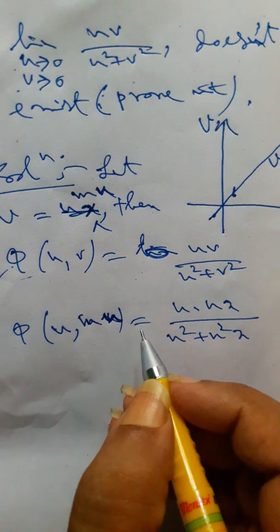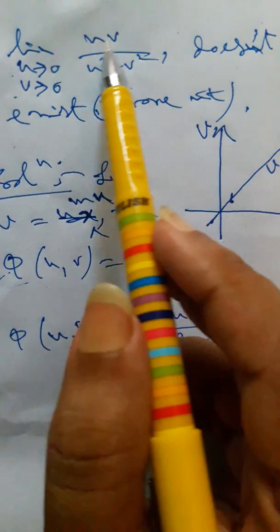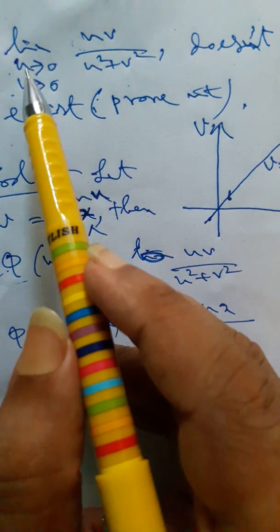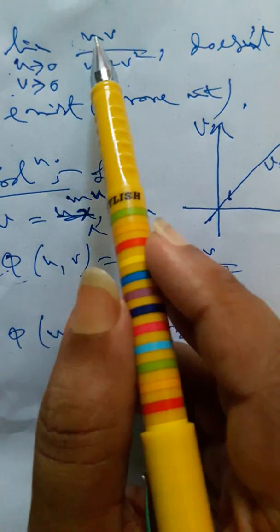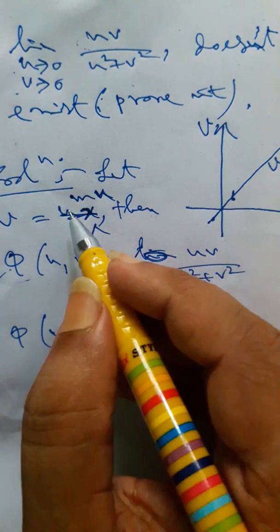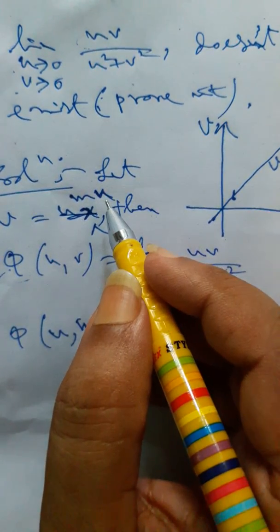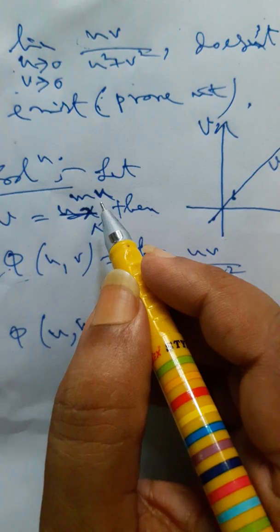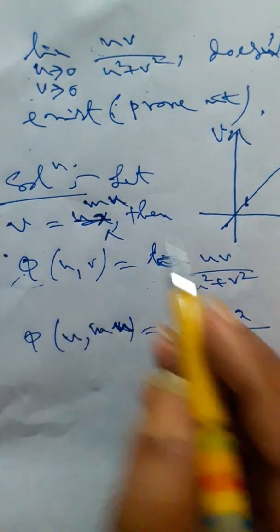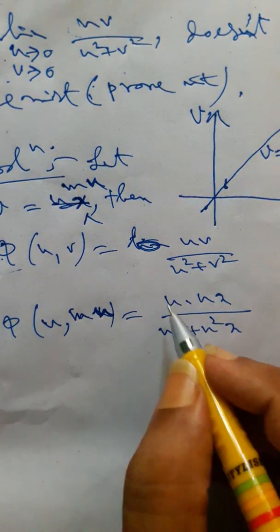In many cases, if they are taking the limit as x tends to 0 and y tends to 0 of xy by (x square plus y square), then as usual we put y equals mx. That is the usual formula of a straight line passing through the origin. So here we take the line v equals mu.